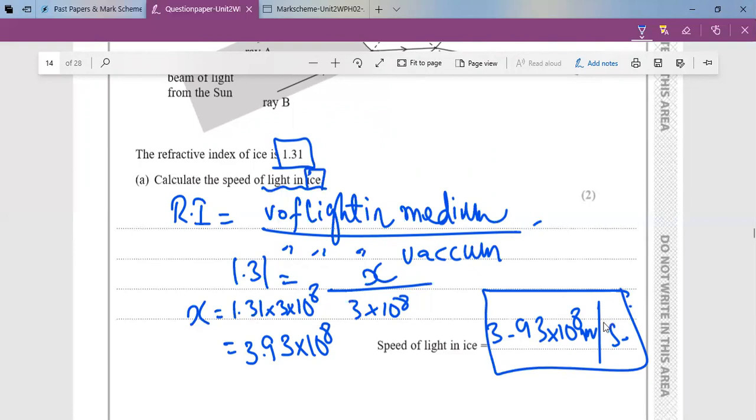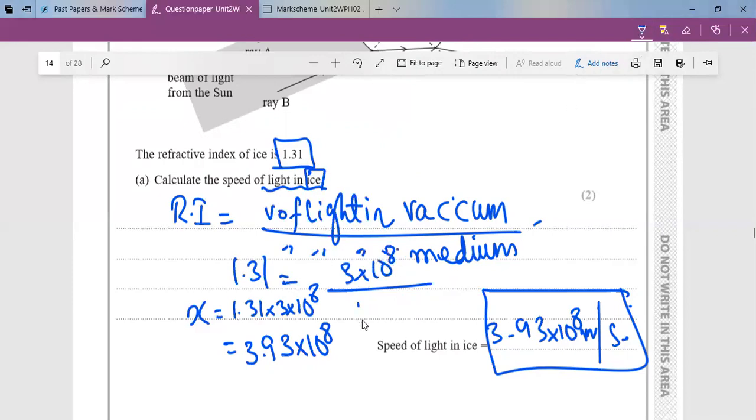No, wait, this isn't the answer. Oh, I put the formula the other way. The reciprocal of the formula is vacuum divided by medium, not medium divided by vacuum. Vacuum upon medium. This is actually 3 raised to the power of 8 divided by 1.31, not multiplied with it. Now, get the answer, please.